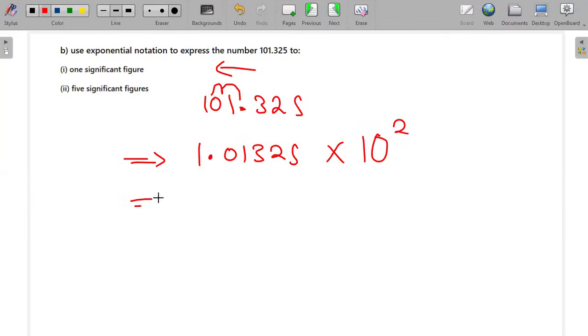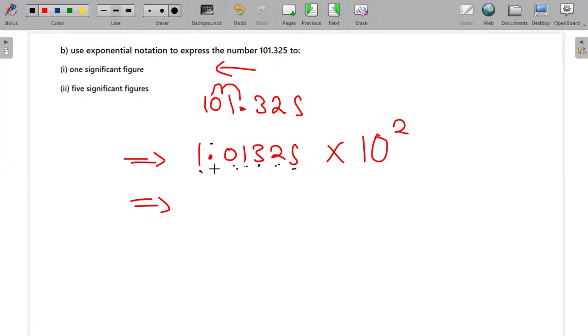Now you ask yourself, does the number that I've gotten have 1 significant figure? No, because this is significant, this is significant, this is significant, this is significant, this is significant, this is significant. So it has 1, 2, 3, 4, 5, 6. It has 6 significant figures. So what can I do to make it have 1 significant figure?